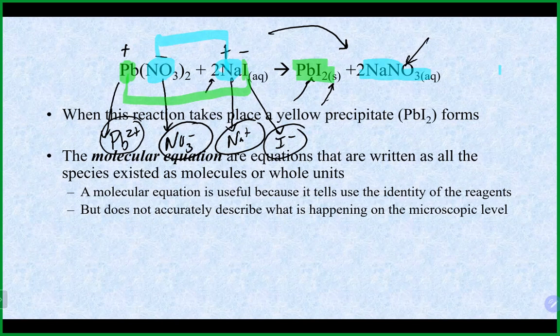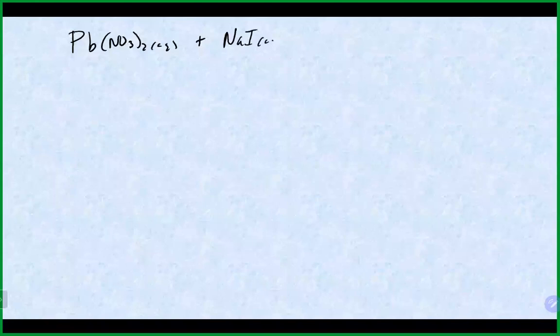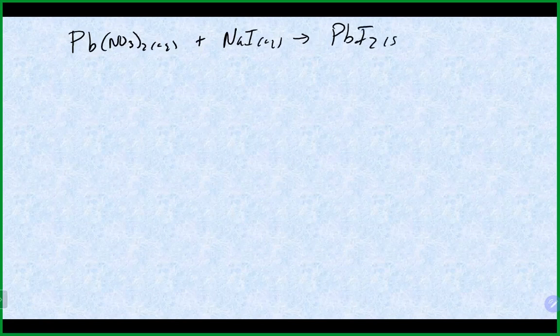So if we take a look at this here, we had lead 2 nitrate plus some sodium iodide, I believe, gives PbI2 and some NaNO3. And we needed like a 2 there, 2 there, and I think we're good.